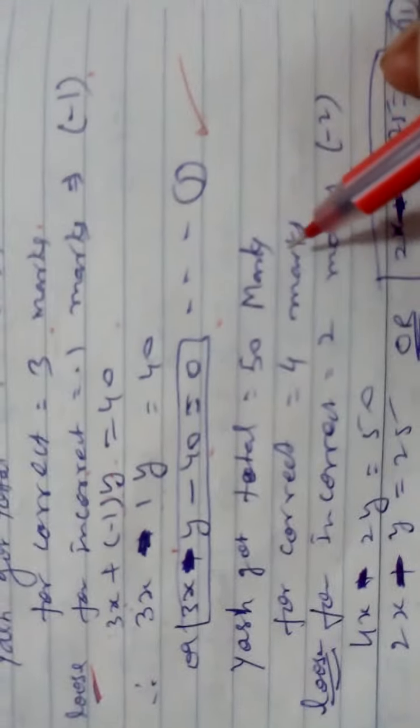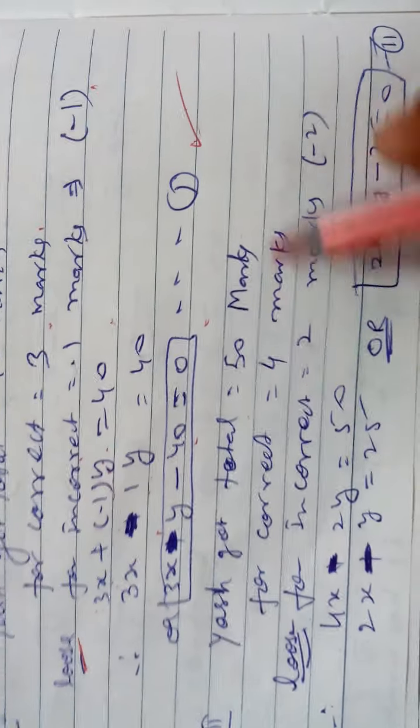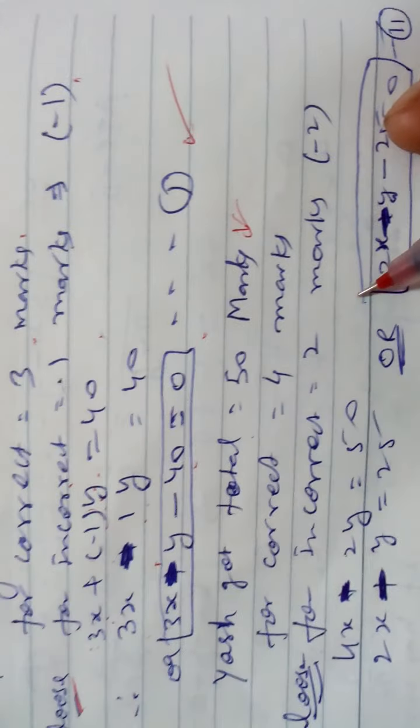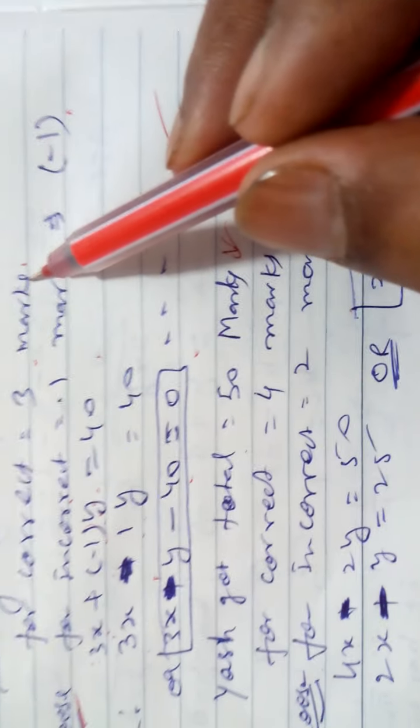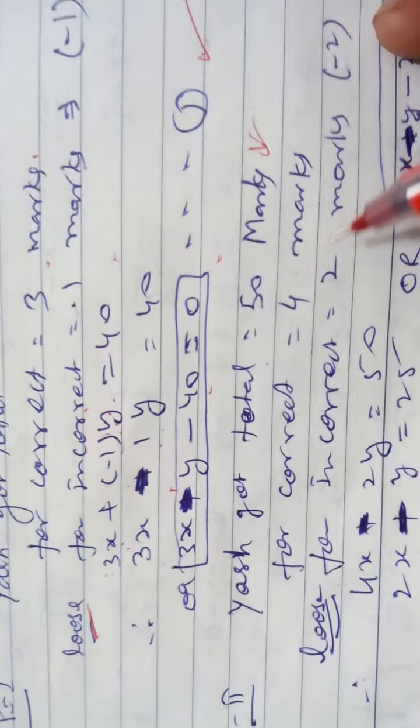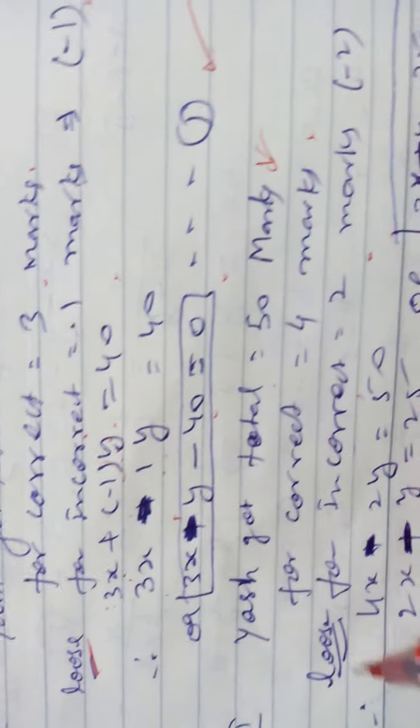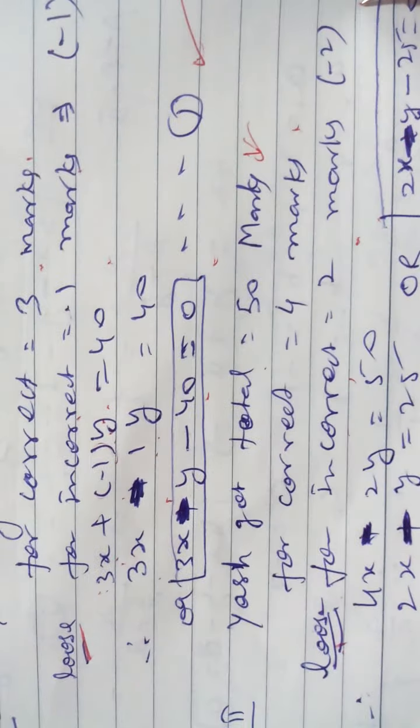For the second step, he has got 50 total marks. But the condition was not like this. The condition is 4 marks for the correct and 2 marks for the incorrect lose. Lose means minus sign.